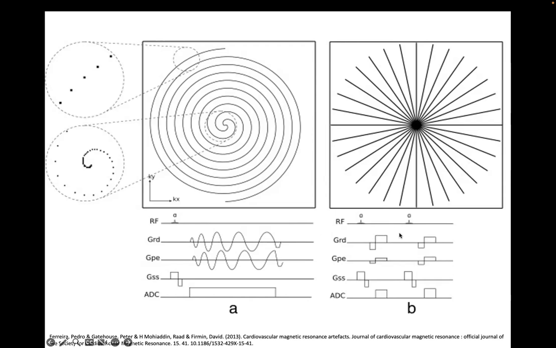Another example would be, I take a radio frequency pulse, make magnetization vector in the transverse plane from a selected slice, and then I pre-phase it and then read out constantly. And so this is my readout here.